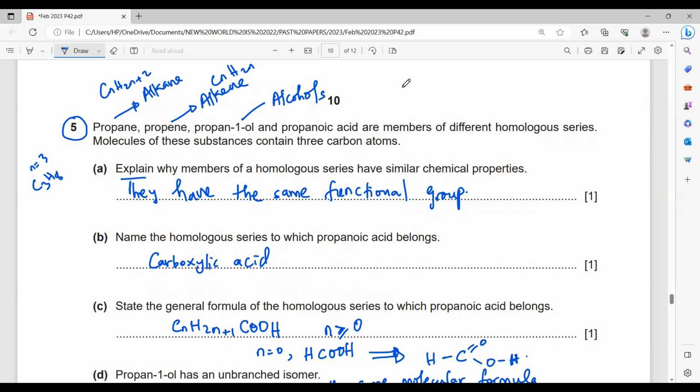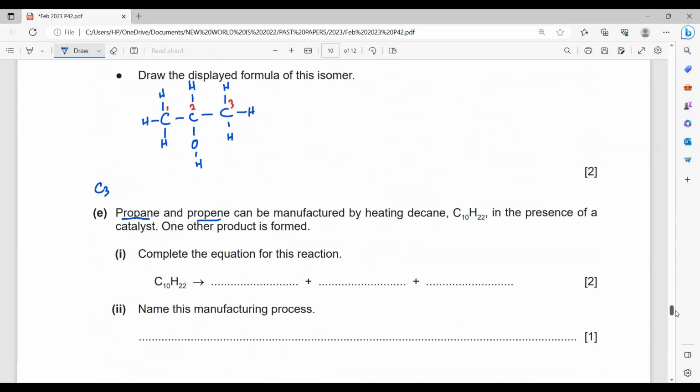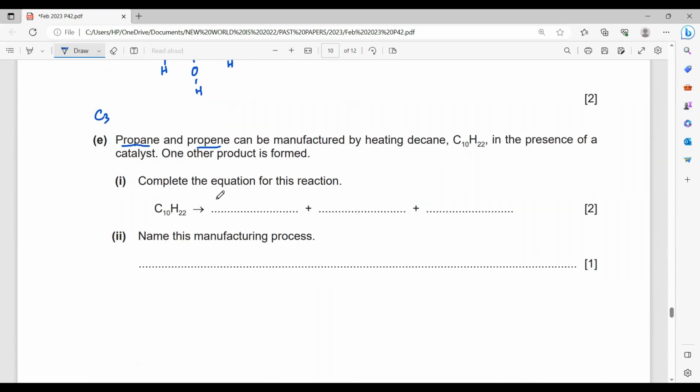Likewise, propene, n equals 3, gives C3H6. So these are the formulae of the two compounds. All I need to do is fit them in: C3H8 and C3H6. The products have used 1, 2, 3, 4, 5, 6 carbon atoms.